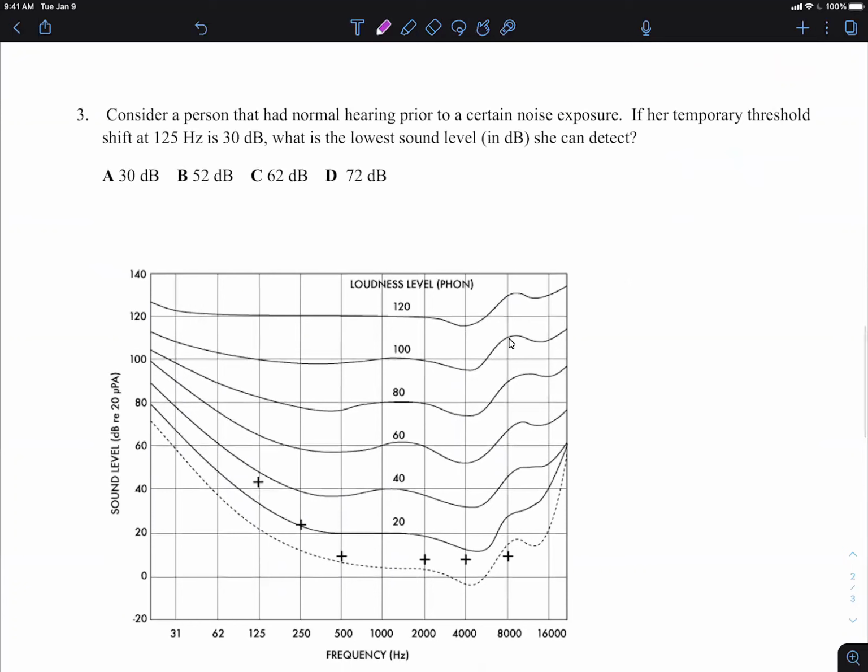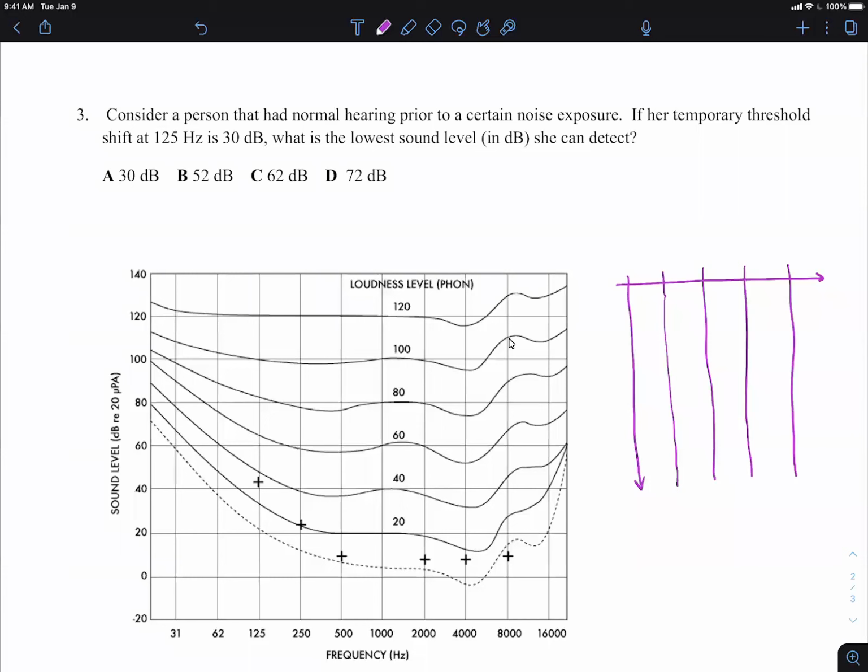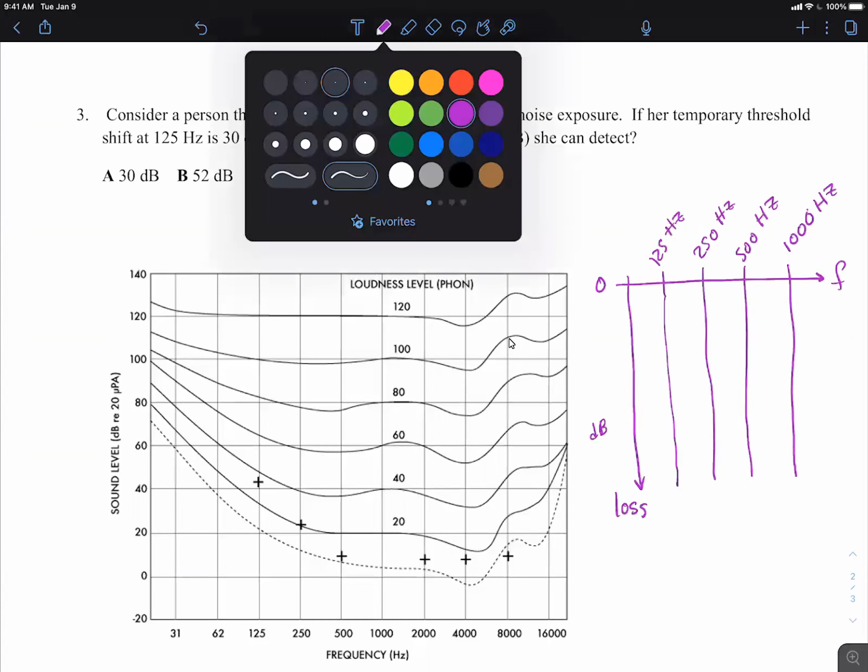Okay, so if I draw my audiogram here, and I have my different frequencies coming down, so this would be like 125 hertz, 250 hertz, 500 hertz, 1000 hertz, etc. Okay, so that's the frequency axis. Then this is the decibels. This is the loss. The zero line there corresponds with these pluses.